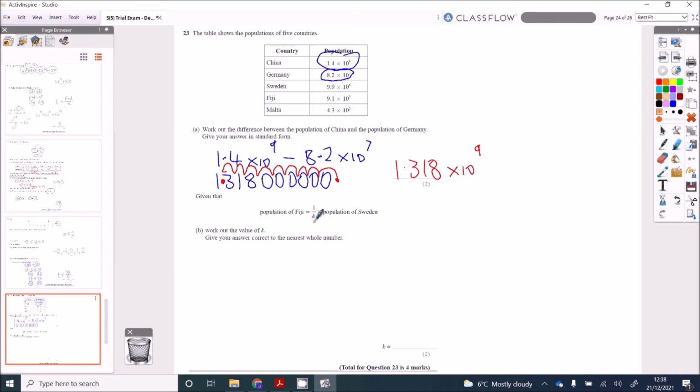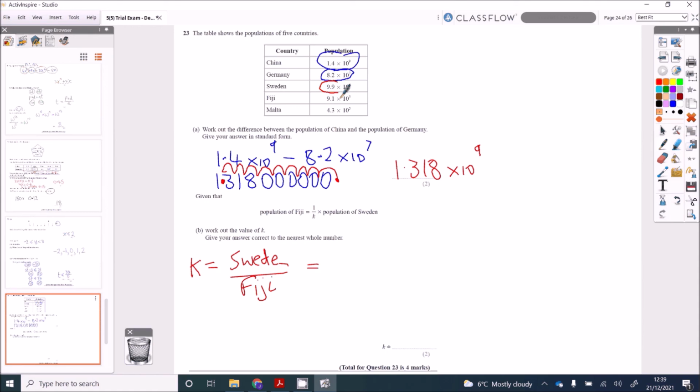If we multiplied both sides by k and then divided by the population of Fiji, we'd end up with k equaling the population of Sweden divided by the population of Fiji. Just check whether you can see that. Okay, we multiply by k and divide by the population of Fiji, we get k being Sweden over Fiji.